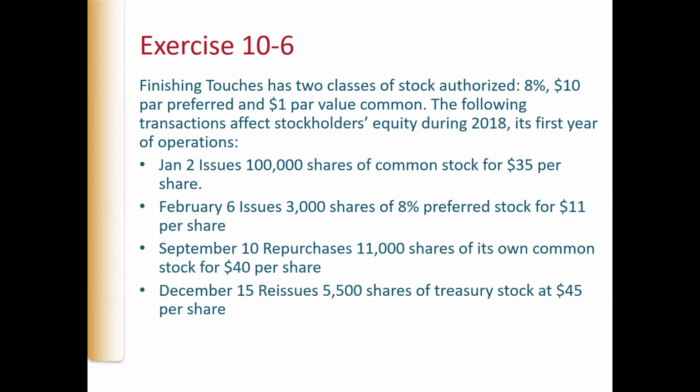February 6th, issues 3,000 shares of 8% preferred stock at $11 per share. September 10th, repurchases 11,000 shares of its own common stock for $40 per share. And December 15th, reissues 5,500 shares of treasury stock at $45 per share.